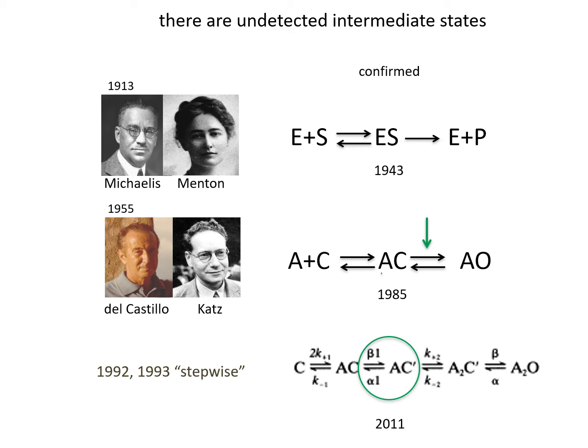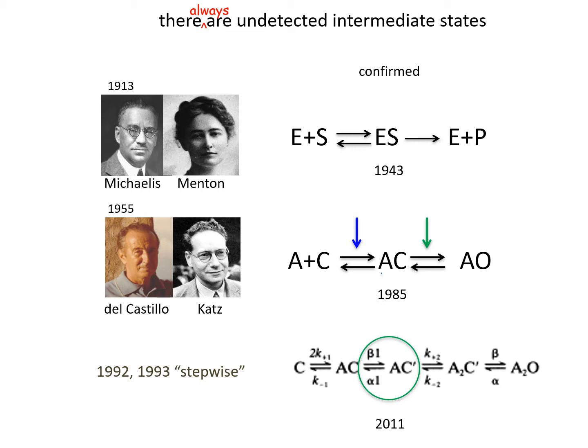And in 2011, the University College London group and the Mayo Clinic group both detected the same event, and they named it flip or prime, respectively. I'll refer to it as flip, but it's the same as the stepwise event that was detected in 1992. So there are always undetected intermediate states in these complex chemical reactions.